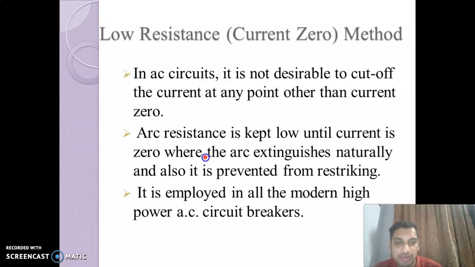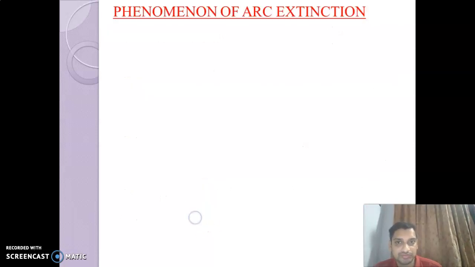So the arc is extinguished when the current reaches the natural zero or near the natural zero point. This low resistance method is usually used in high power AC circuits.